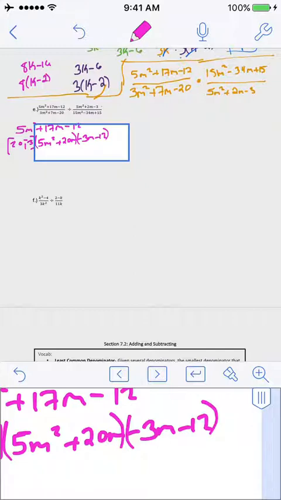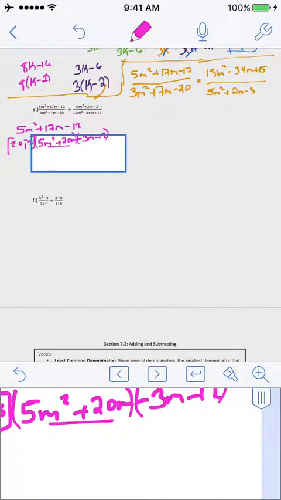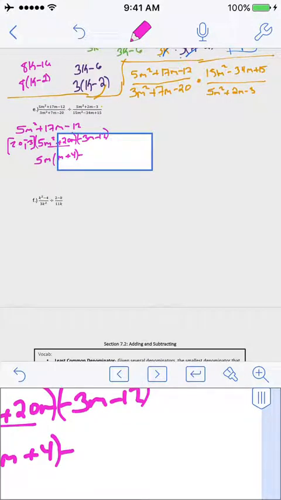So I split 17 into 20 and minus 3, right? Because 17 is 20 minus 3. Now in this first one, I've got a 5m in common. So 5m, and what's left over is m plus 4. In this second one, it looks like I've got a negative 3 in common. I've got m plus 4.